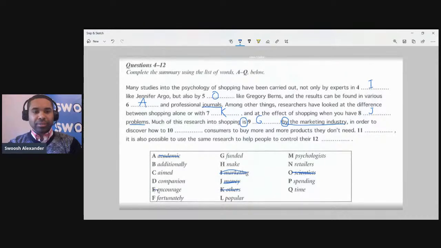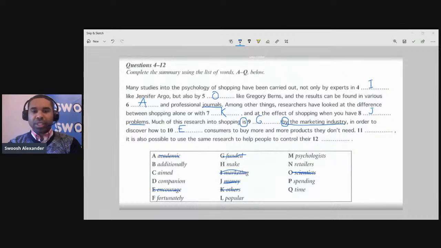Absolutely. We should cross out funded as well, by the way. To encourage consumers to buy, so it works, it makes sense. To plus a verb, encourage, and then you've got the object, to, again, plus another verb. So encourage someone to do something. Well done, Ash Jinichi, for that answer.